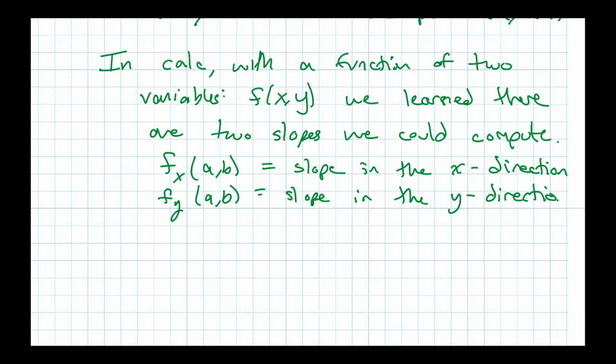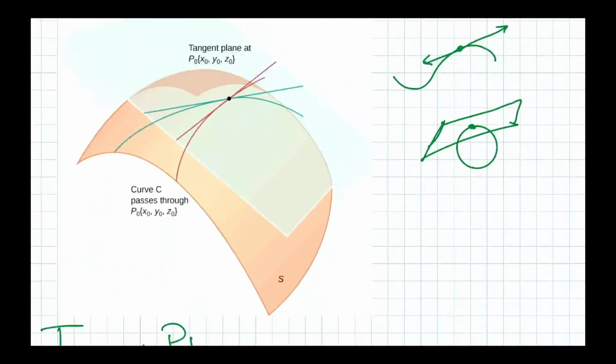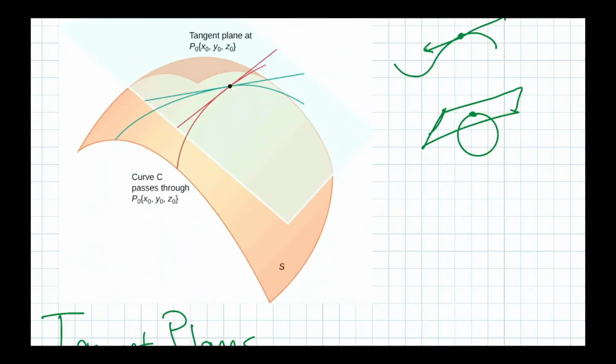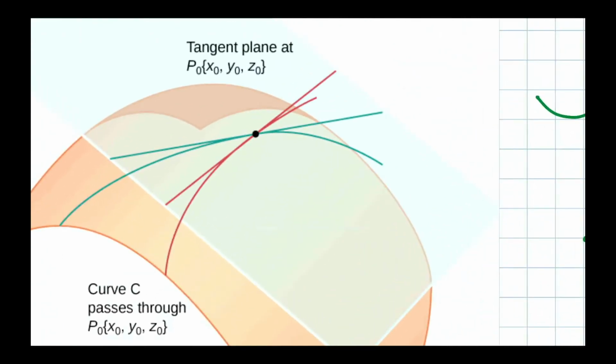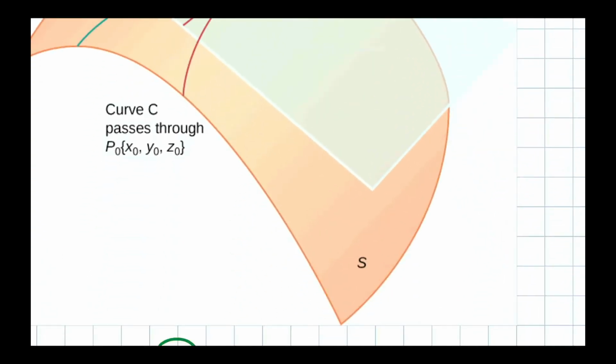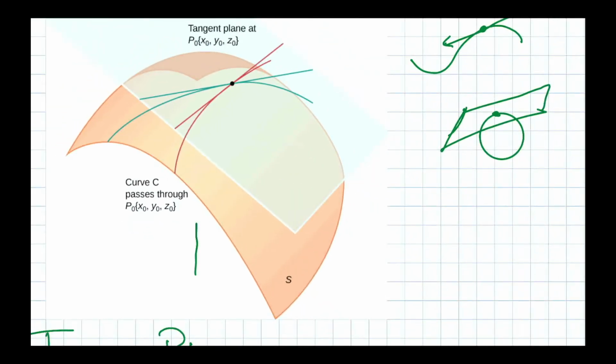Now, what does that mean in terms of the tangent plane? Well, let's go look at this picture up here again. This picture is not on any kind of axes, and they actually drew this picture in your book for another reason. They were trying to justify the idea that there was a tangent plane, and I'm not really doing that at this point. But let's just imagine that there's a set of axes on here.